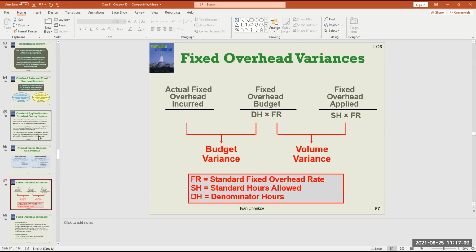Now, why are we looking at the fixed manufacturing overhead variance separately? Because the calculation and analysis of the fixed manufacturing overhead has nothing to do with direct material, direct labor, or variable manufacturing overhead. As you already saw, those are somehow related. But the fixed manufacturing overhead is a completely different story.